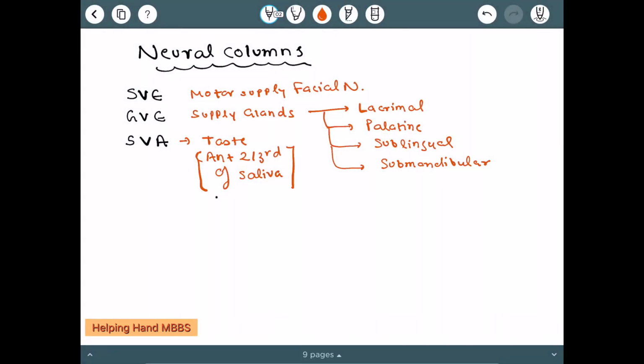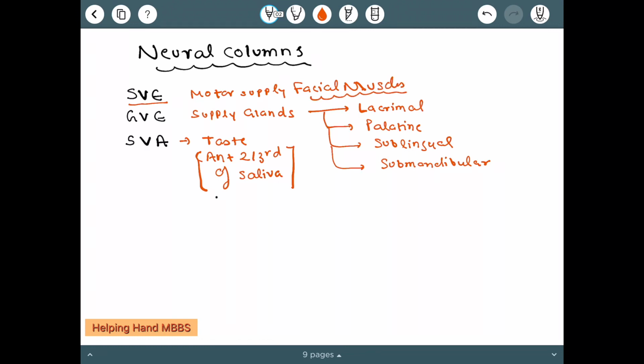Before we begin with the course, we should know the neural columns of facial nerve so that we can understand why we are studying the course of it and what are the functions of various branches. First of all, the first neural column is SVE, and as I already have uploaded the video on neural columns, you can see that SVE stands for motor supply of facial muscles, not facial nerve, facial muscles.